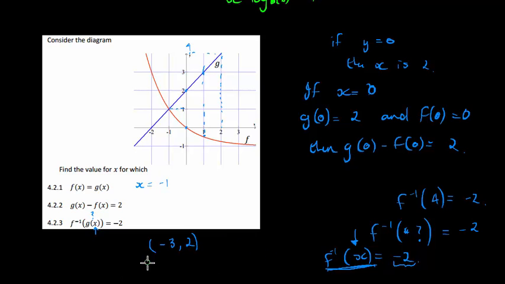I think so. So that means that 2 comma negative 3 is a point on the original f. Let's see. No, it's not. No, sorry, I'm wrong.